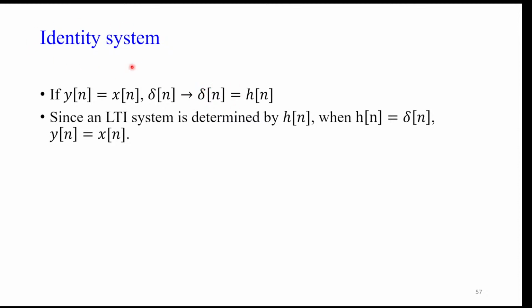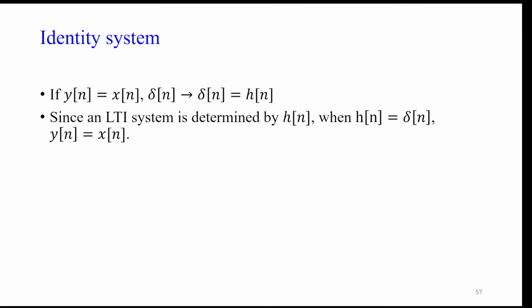We know the LTI system is determined by h, so whenever h of n equals delta of n, this LTI system is the identity system.